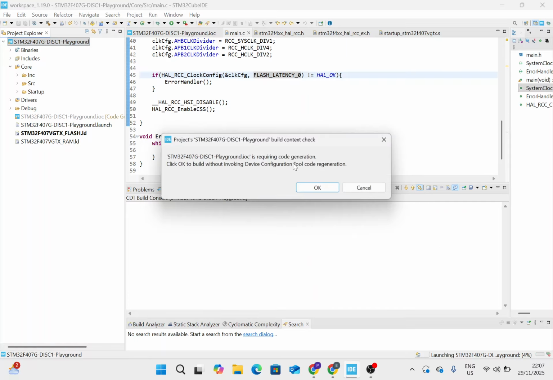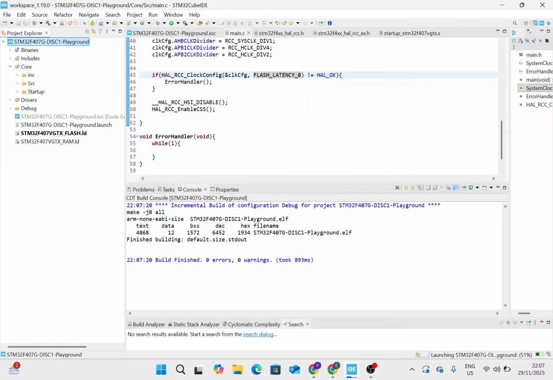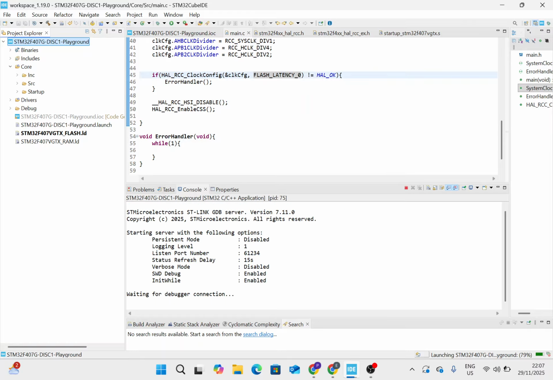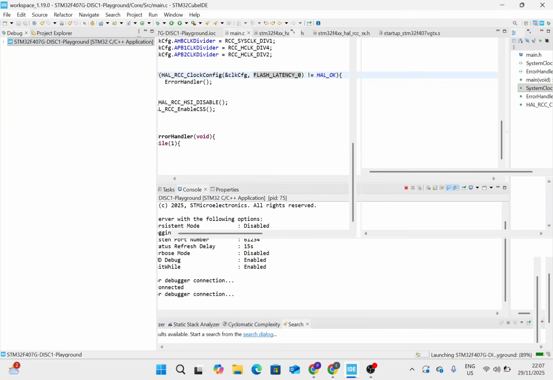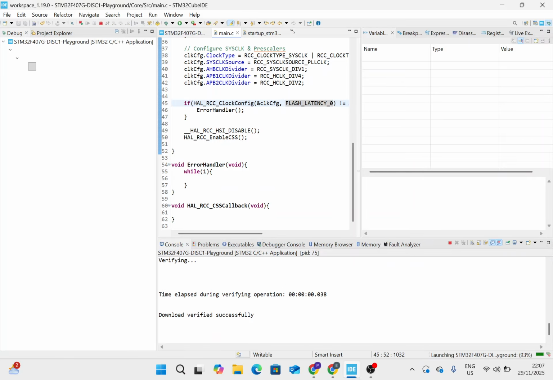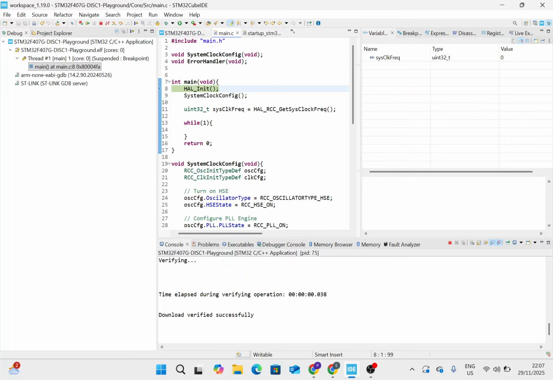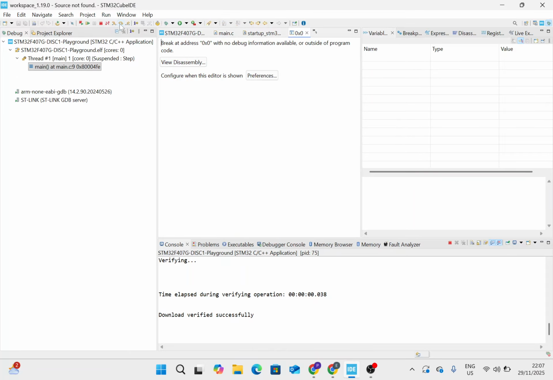If the flash latency is not set properly in your firmware, then it's not gonna run. So let's see something. If I try to run that particular part of code, it's going to throw an exception. Okay, so I step over, HAL init executed, system clock config executed, and boom, this is an error.